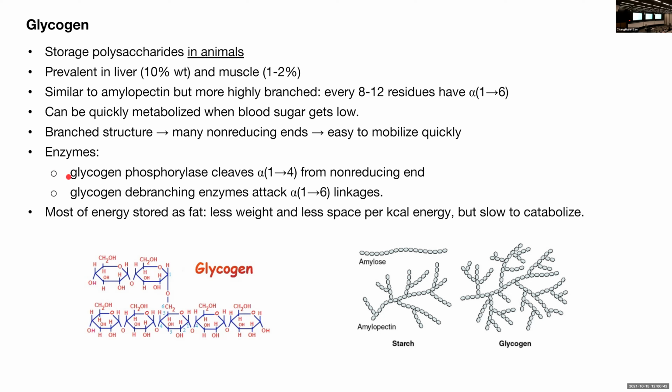There are two classes of enzymes involved in mobilizing or metabolizing glycogen. One is glycogen phosphorylase, which cleaves the alpha 1 to 4 linkages from the non-reducing end, so it'll attack the ends of the branches. Another class is the glycogen debranching enzymes, which attack the alpha 1 to 6 linkages, so they'll chop down all the branches.